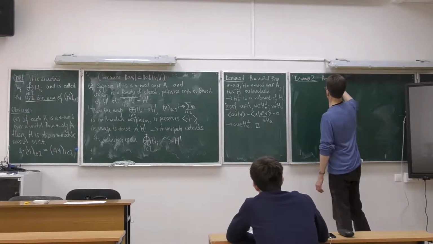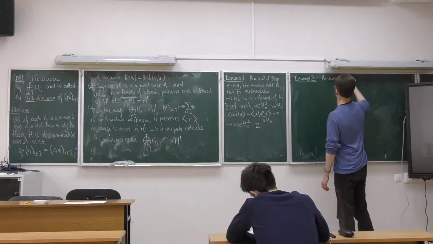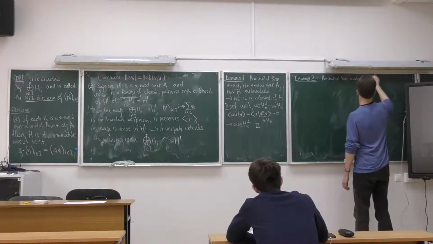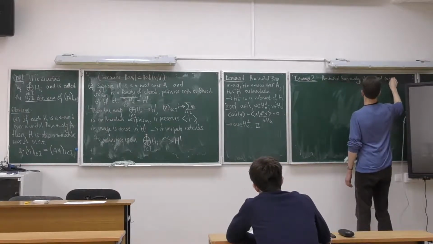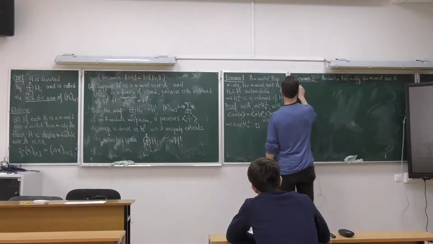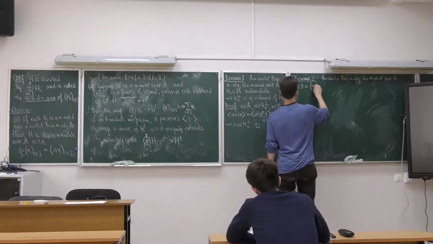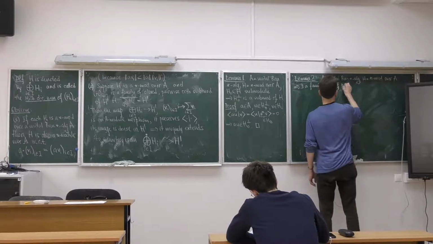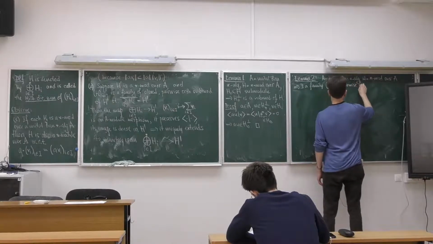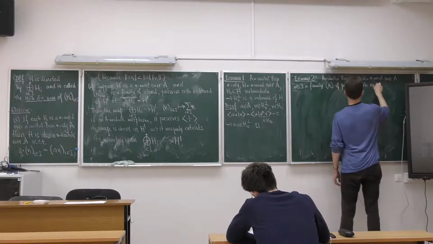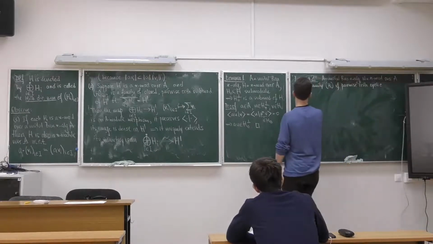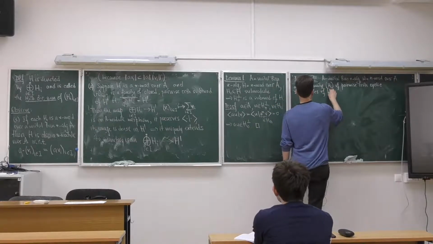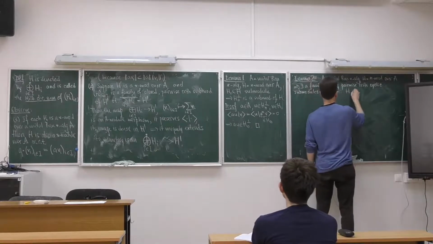Again, A is a unital Banach star algebra, and H is a star module over A. Then there exists a family Hi of pairwise orthogonal cyclic submodules of H, such that H is unitarily isomorphic to their Hilbert direct sum.